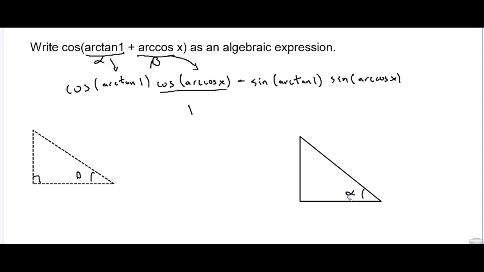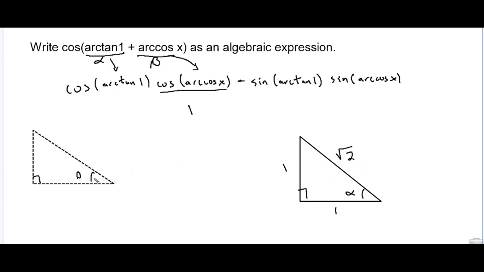These are right triangles, and we know alpha is arctangent of 1, which means opposite over adjacent has to be 1. So this one's 1, this one's 1, and that means it's a 45, 45, 90 triangle, which means this should be square root of 2.